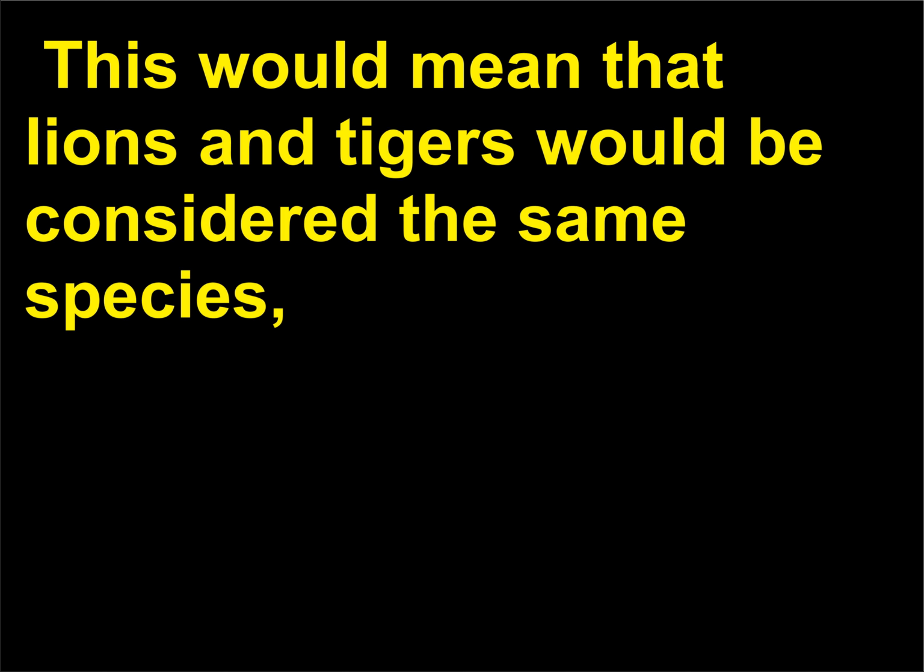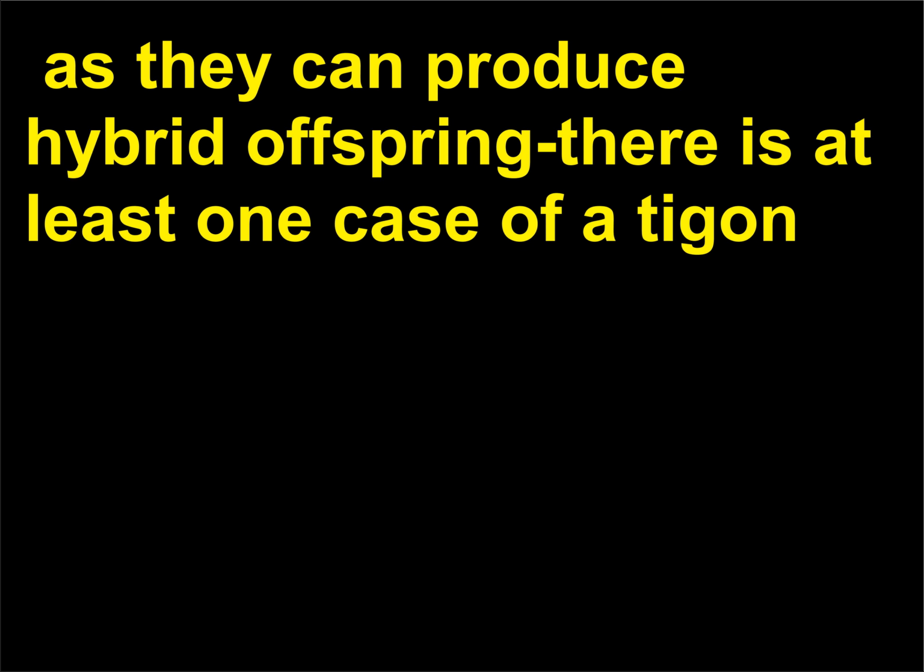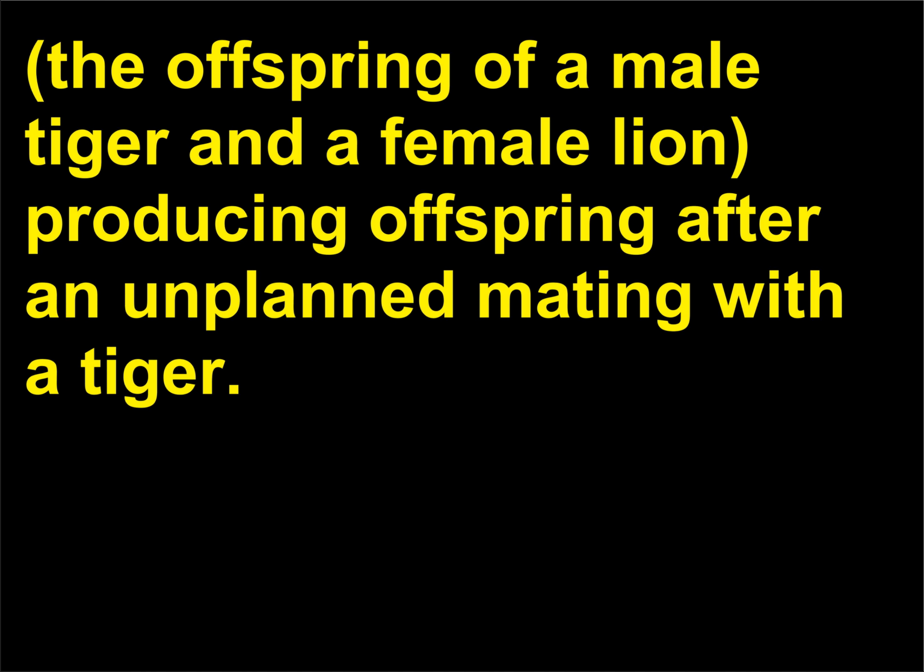This would mean that lions and tigers would be considered the same species, as they can produce hybrid offspring. There is at least one case of a tigon, the offspring of a male tiger and a female lion, producing offspring after an unplanned mating with a tiger.